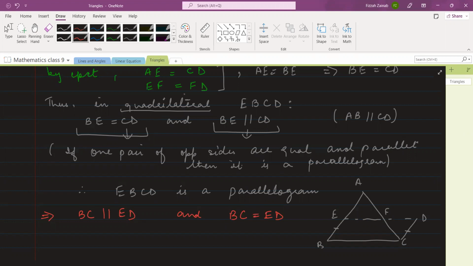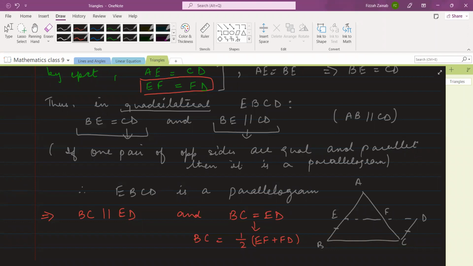Now, if you see this result, EF was actually equal to FD, right? So BC is equal to, now ED can be written as EF plus FD. Can I write it like this?